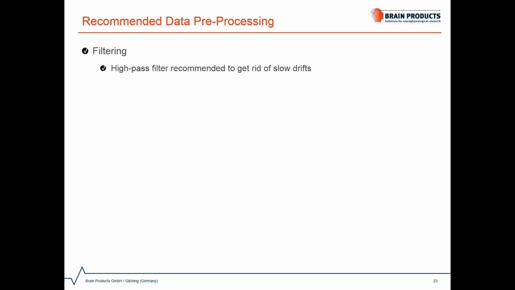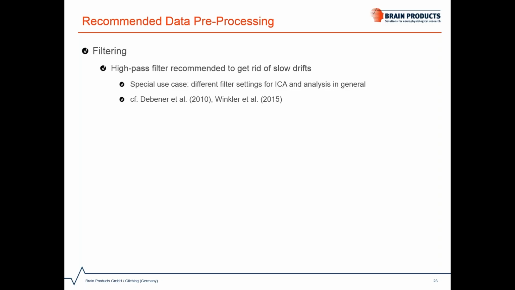Let's say a cutoff of 1 Hz will definitely eliminate all slow drifts, which is good for ICA, but might not be ideal for finding ERPs later on. So in general, people try to use the high-pass filter in a balanced way by selecting a cutoff that is neither too low nor too high. You can, of course, always try out how well the decomposition looks, and if it's not good, then adjust the filter and run ICA again.